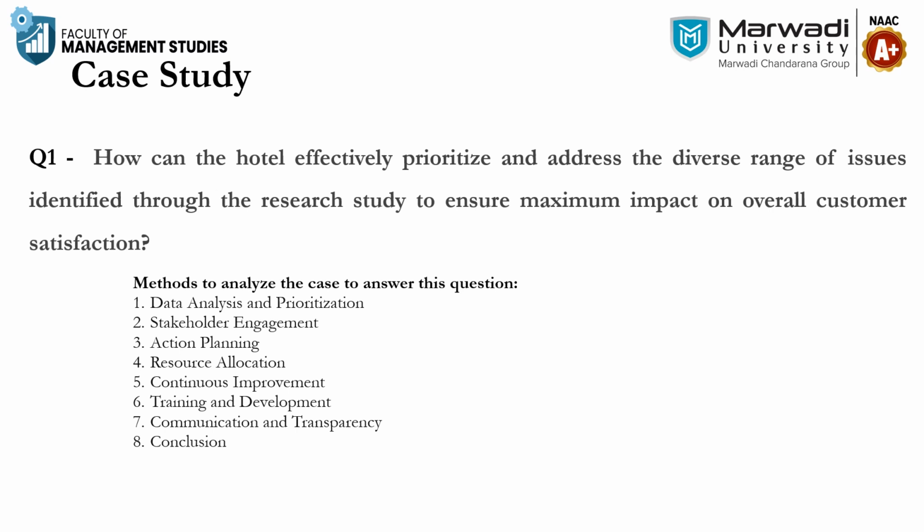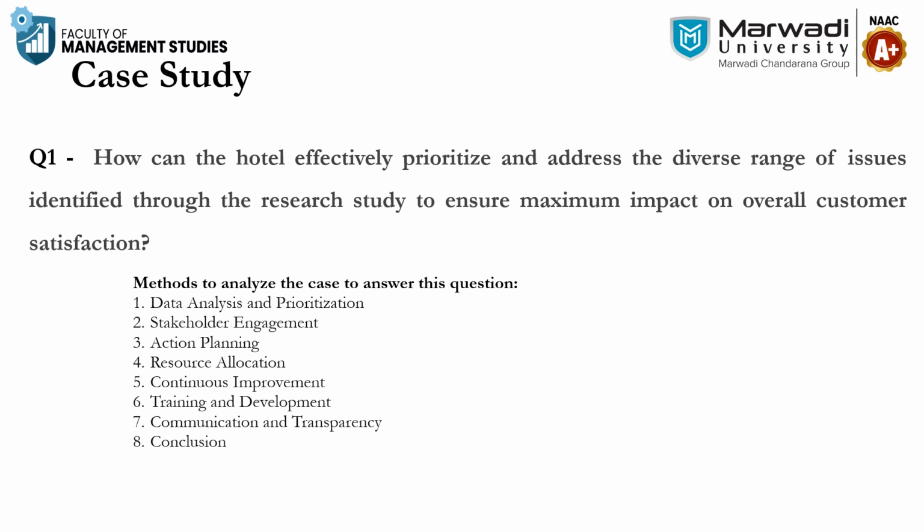Question number 1. How can the hotel effectively prioritize and address the diverse range of issues identified through the research study to ensure maximum impact on overall customer satisfaction? First of all, let's understand the question.